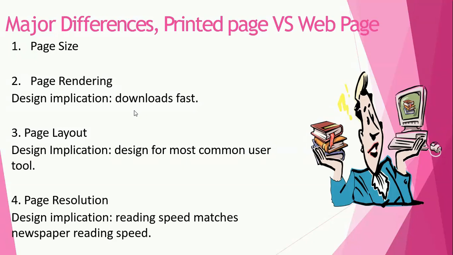What is the solution for this? How can you have a good layout for your web page? You have to understand the restrictions and design for the most common user tools. Many users may be using different kinds of devices, and the layout presented on the laptop has to be presented in the same manner on mobiles also.